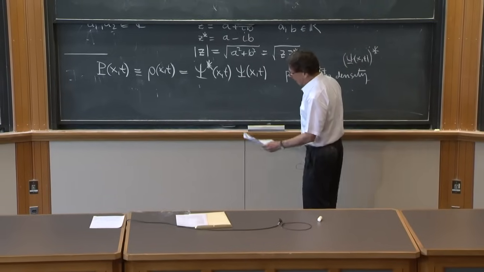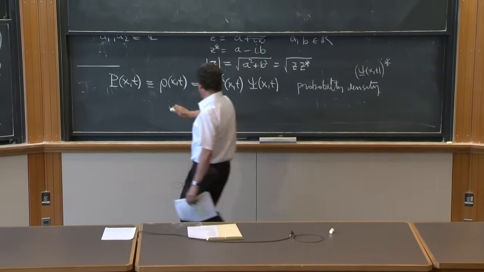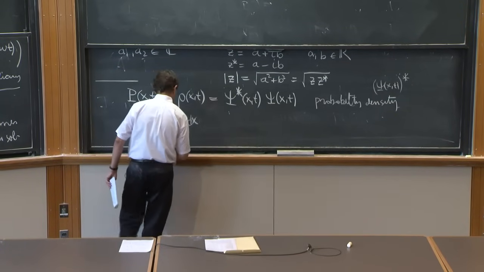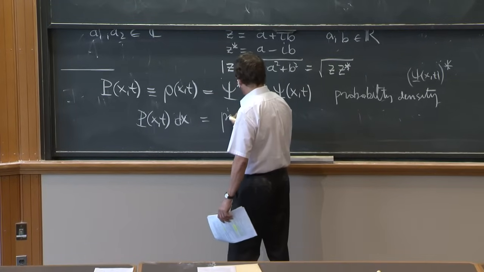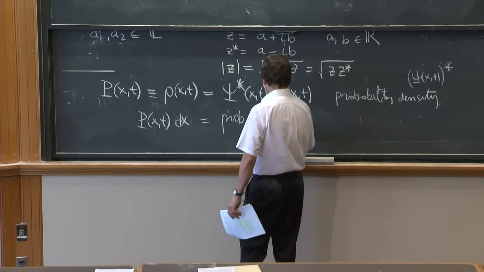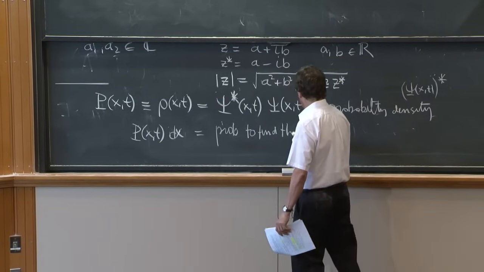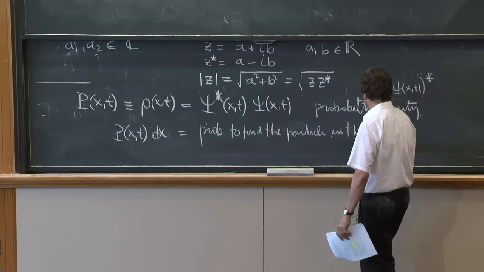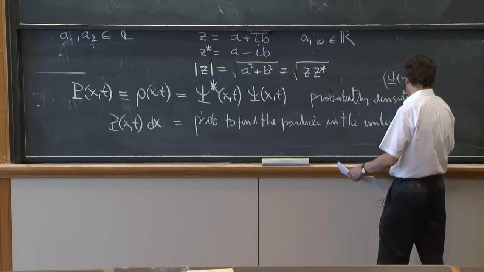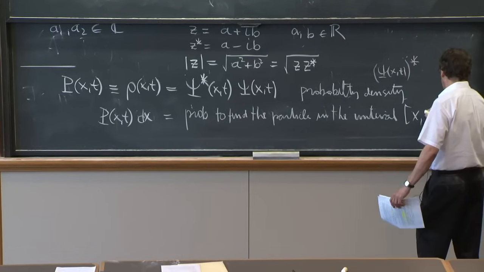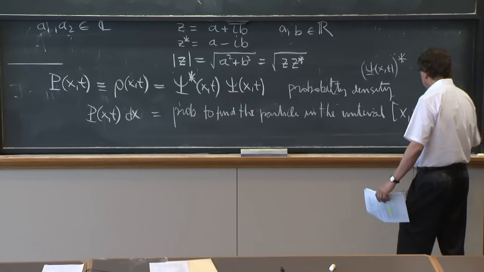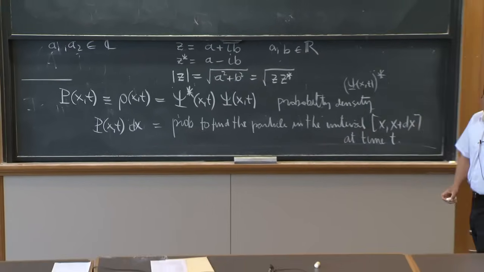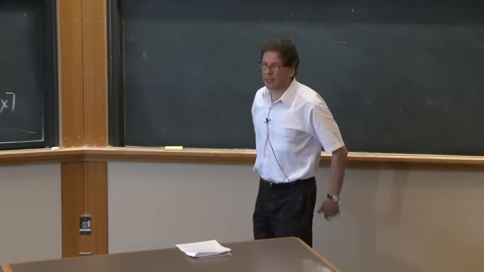And the interpretation is that if you take p of x and t and multiply by a little dx, this is the probability to find the particle in the interval x comma x plus dx at time t. So this is our probability density.